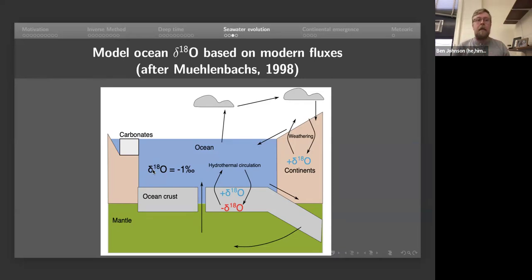Those are the two biggest levers that control or buffer the δ18O value of seawater over these multi-million to billion-year timescales.